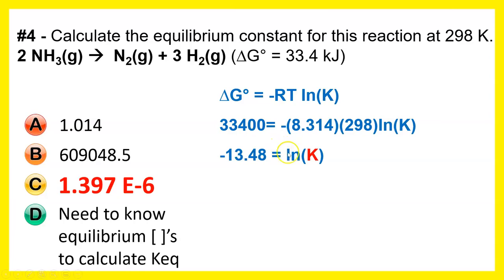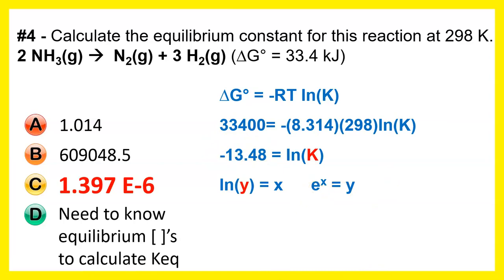And that's not what we're looking for. We are looking for K itself, and you have to remember how to undo a natural logarithm. If you don't remember that, make a big giant note in your notebook. If you want to solve for the thing inside the parentheses, you take e and you raise it to the answer you had up here. That's a button on your calculator.